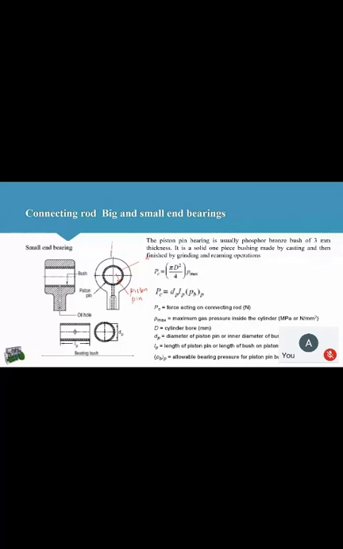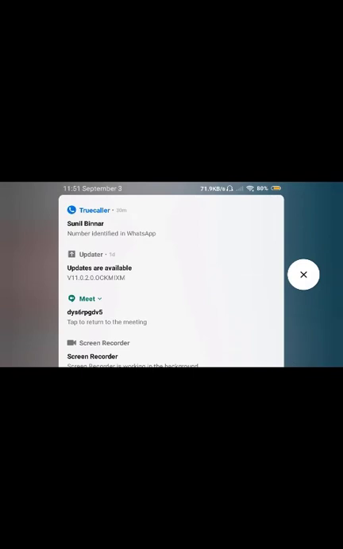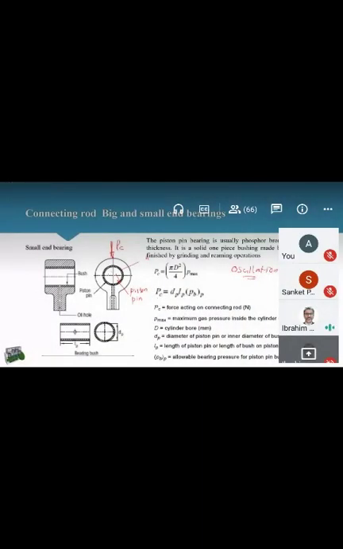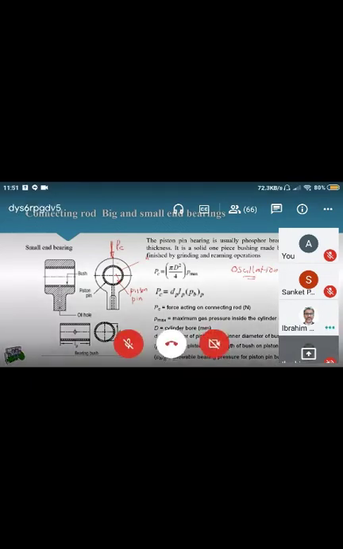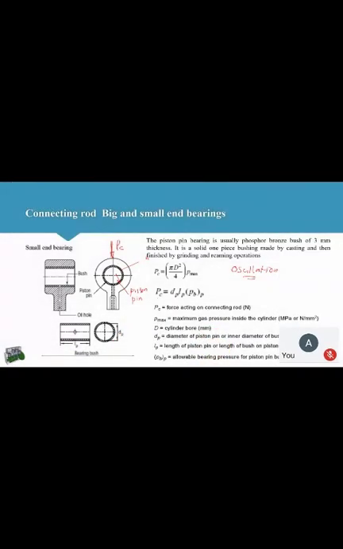The force which acts here on the connecting rod is P, which is PC. Because of the oscillatory motion, there will be movement of the piston pin with respect to the bush or the small end of the connecting rod, or vice versa, between the bush and the pin.